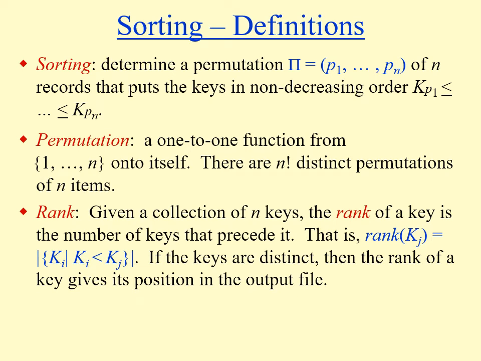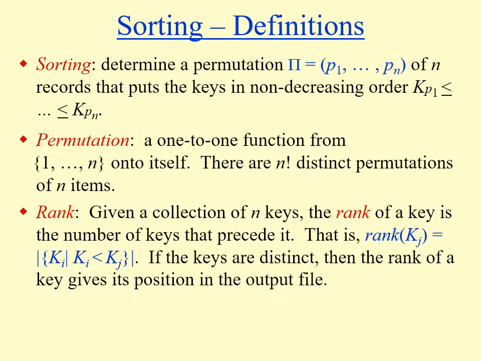Okay, so let's look at another terminology, rank. This terminology means you can think of it as assigning a property to a record to indicate its ranking position. For example, we define this as: given a collection of n keys, we want to rank them.